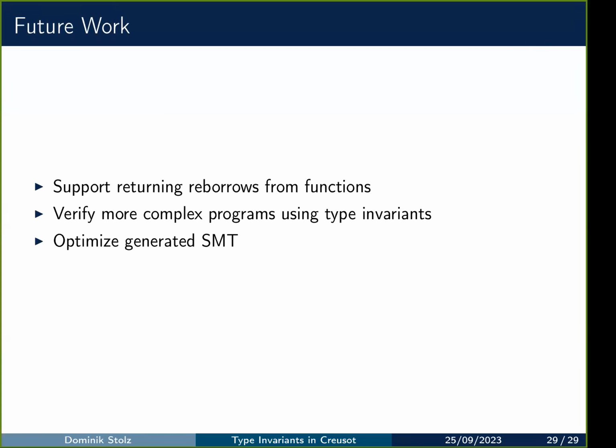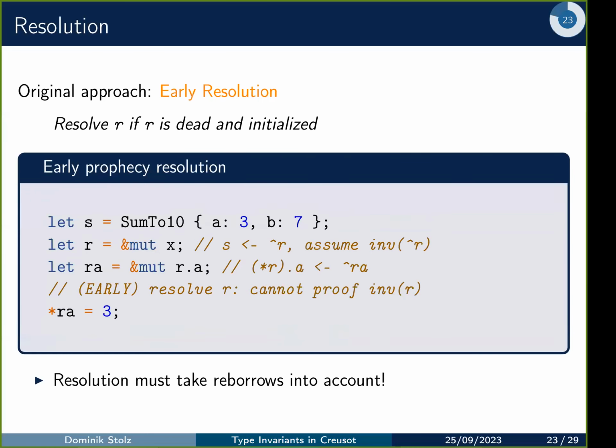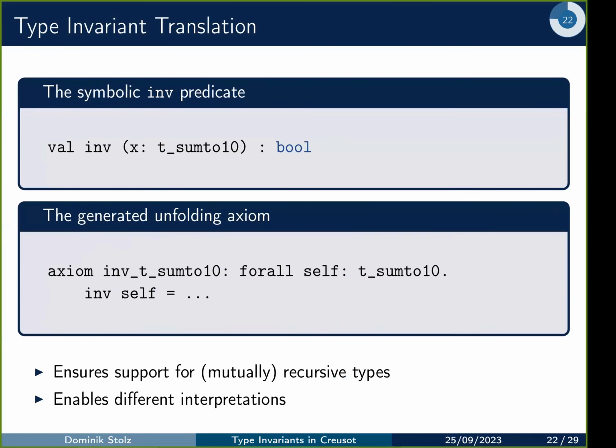Okay. Going back to the slide. So when we are inside of a function which has a generic argument, then inside the context where we verify the body of that function, we don't care about the invariant of our argument T. So there we just say that our argument has the trivial invariant true.